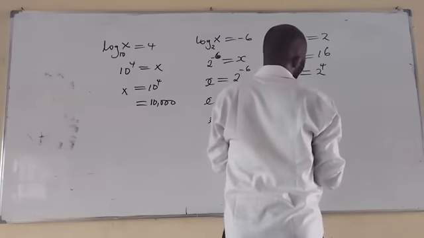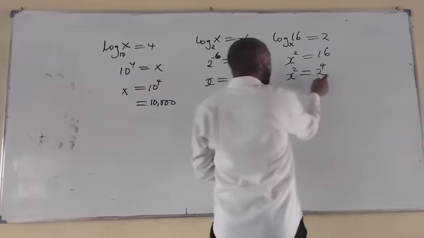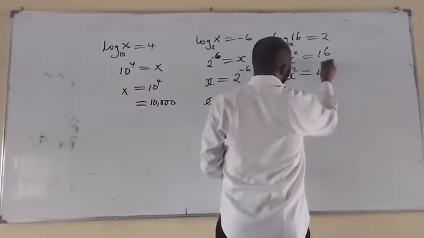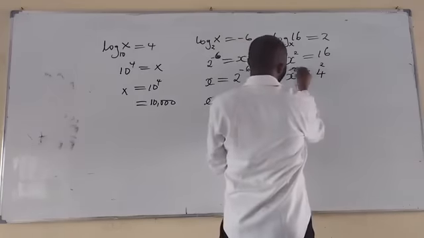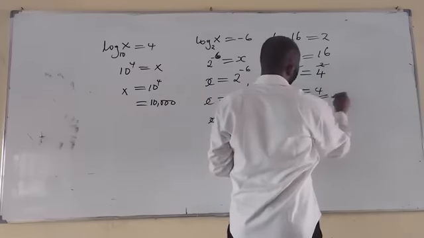In this sense, I cannot cancel the powers directly, because I have the power 2 here. So I will use 4, so I can have 4 raised to the power of 2, which gives me 16. If I cancel the powers, my x is equal to 4.